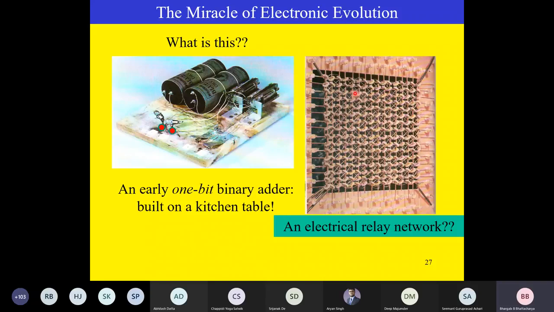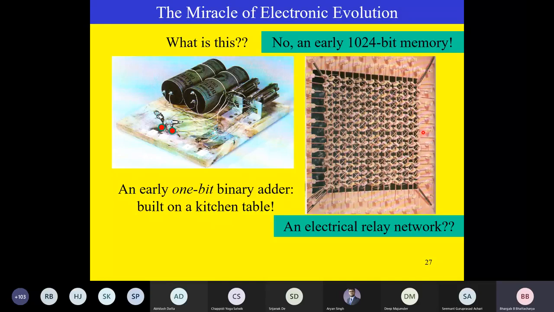That means each ferrite core can store either a bit 0 or a bit 1. So this is nothing but a memory network, and that sort of memory was available, just 1K bit, 1024 bits. We are not talking about bytes, just bits of memory. That was the technology when people started building computers. So this is the adder, and this is some kind of memory technology.